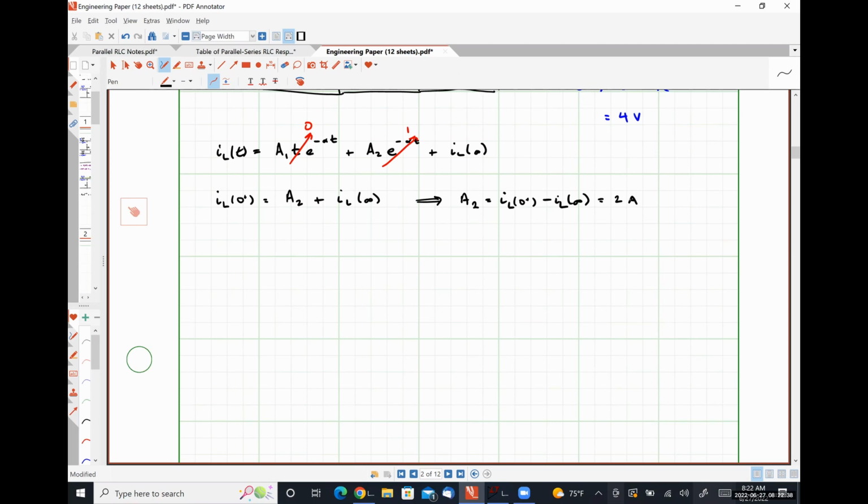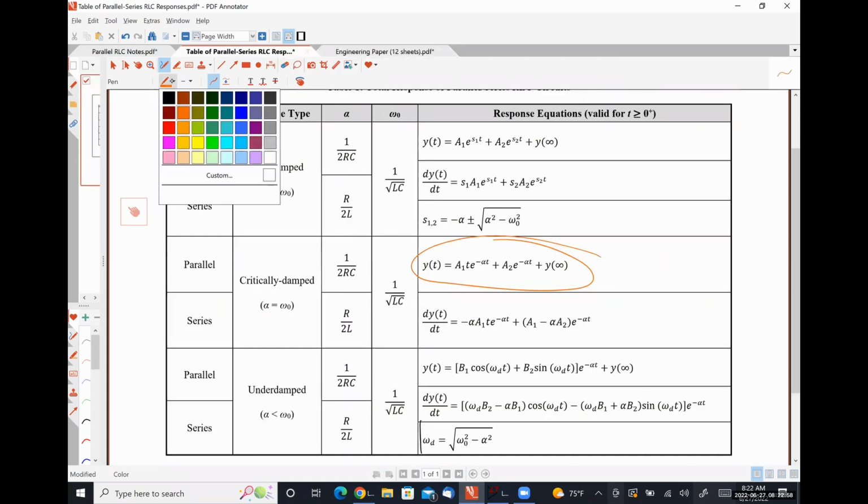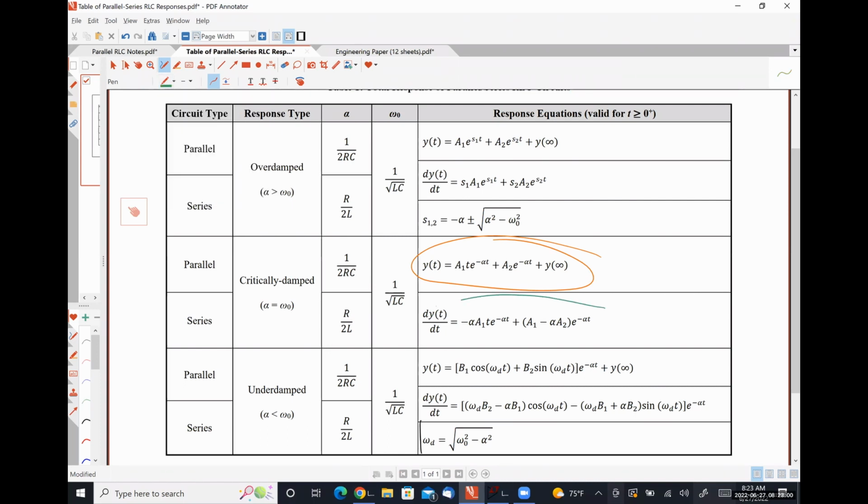Now we're going to use our derivative-based relationship. So recall that the voltage drop across an inductor, VL of t, is given by L di by dt. So this is going to look like L, and now I'm looking at my table, and I'm just going to be putting in this relationship.